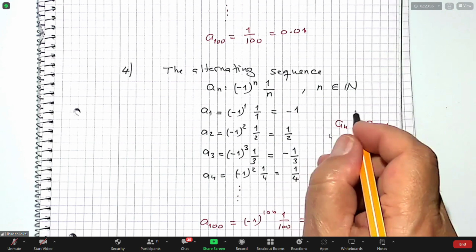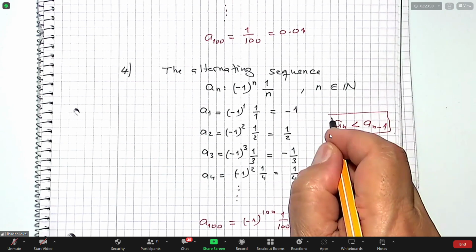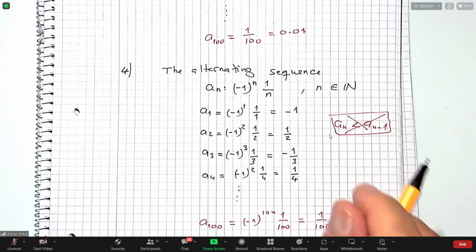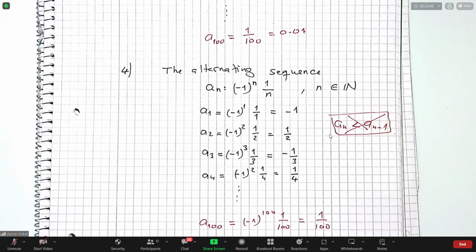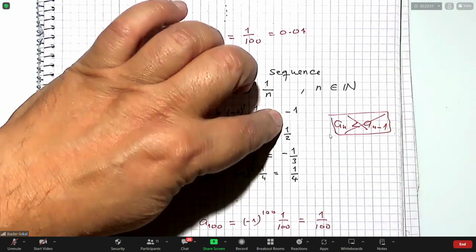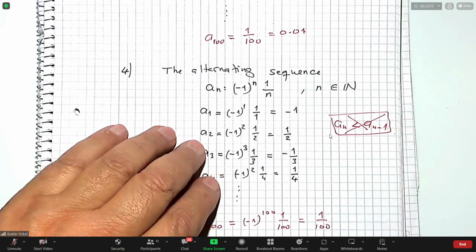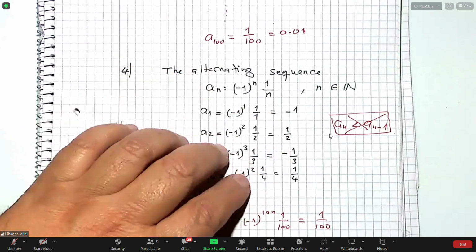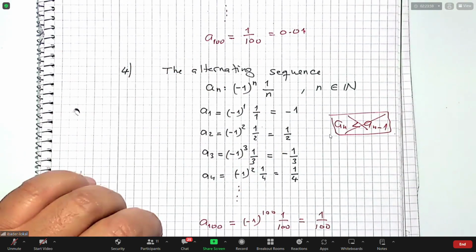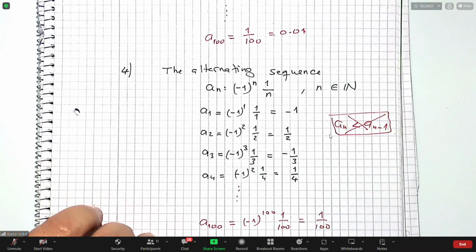So it's not generally decreasing like the previous one. This is because you are getting negative and positive. So it's not generally decreasing because here you have -1 and then 1/2. This is greater than that one, so it's not increasing for all terms either.